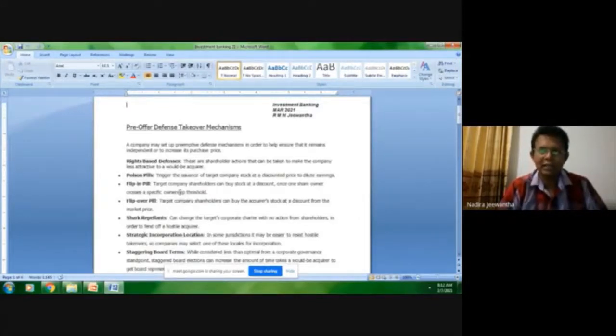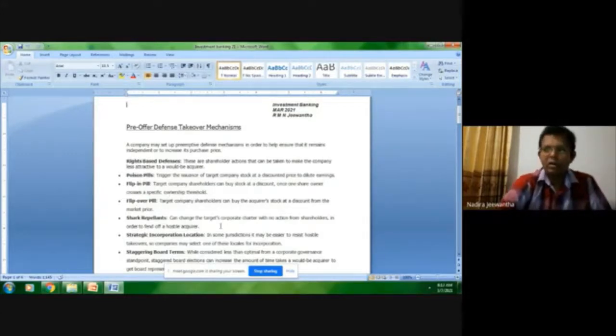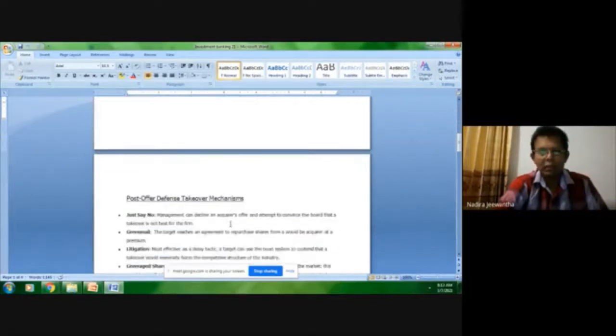Banks or companies are actually implementing these kinds of defensive mechanisms to avoid acquisition. And if somehow they acquire by a direct or indirect method, they will have to apply these things.